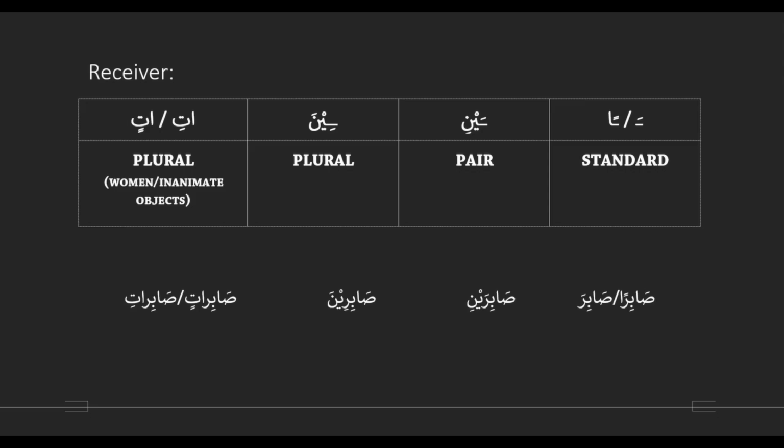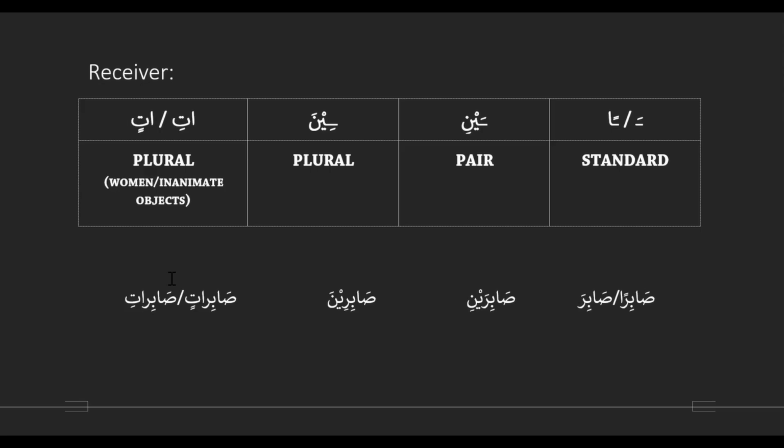Right, so it's the same dealio. If you see one of these stickers at the end of the word, you know you're looking at a receiver. So slabiran or slabiraini, slabirina, slabiratin. If you see one of these labels, you're looking at a receiver. And then same thing, you have different labels depending on the number and gender of the word. Is that clear? Okay.